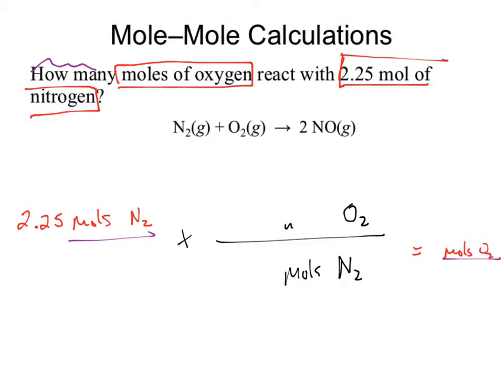Could I go moles to molecules? Let me rephrase that. Can I go from moles of nitrogen to molecules of oxygen? No, why not? There's not a conversion factor for it. Why is there not a conversion factor for it?